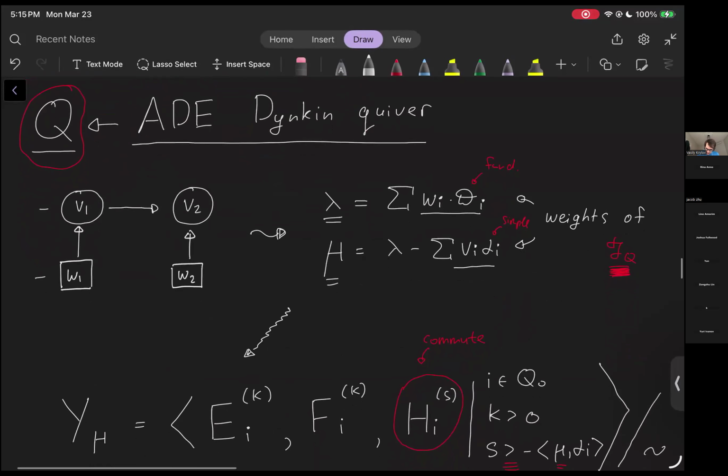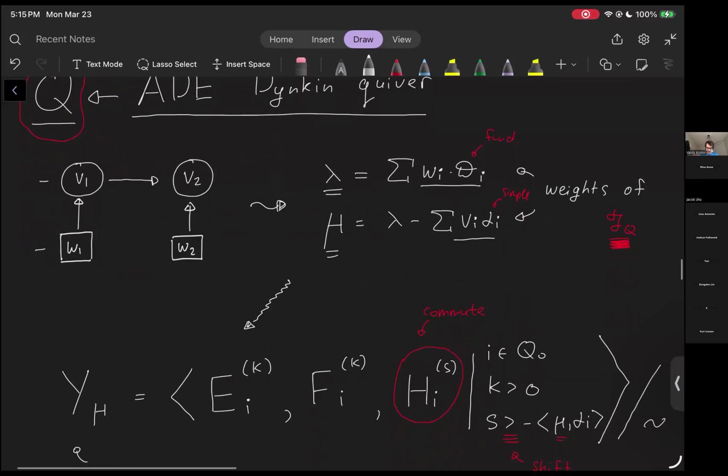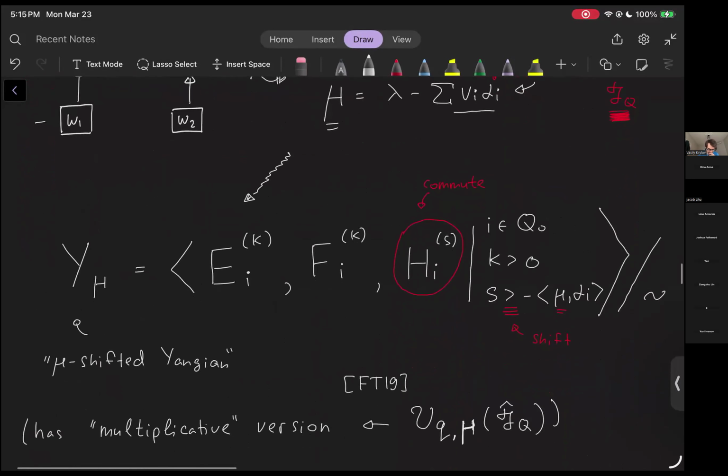Now, whenever you have some weight, you can associate to it the so-called mu-shifted Yangian. This shifted Yangian is the following structure. It's very similar to the ordinary Drinfeld Yangian, corresponding to this Lie algebra G_Q. It will be generated by E's, F's, and H's.